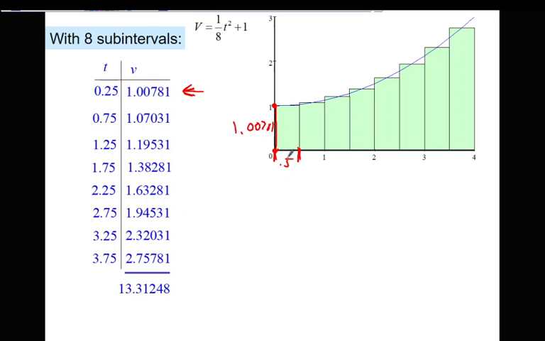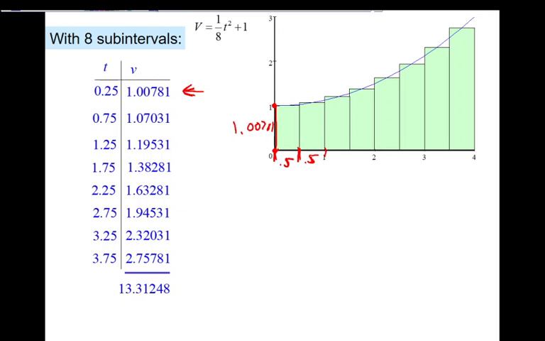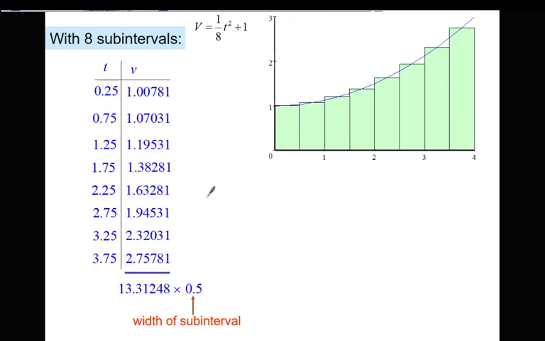But instead of actually multiplying each height by the width, and since all of these are the same, what I can do is shortcut this a little bit: I add up all my heights and then multiply it by the width of each one. So instead of doing this, the total area equals the length of the first one times 0.5 plus the length of the second one times 0.5 plus the length of the third one times 0.5.